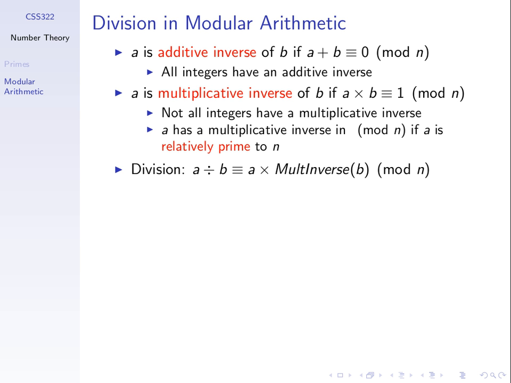How do we think about division compared to multiplication in normal arithmetic? We multiply by the inverse. Four divided by 3 is the same as 4 multiplied by the inverse of 3, the multiplicative inverse of 3. The multiplicative inverse of 3 is the number that when we multiply them together, we get 1.